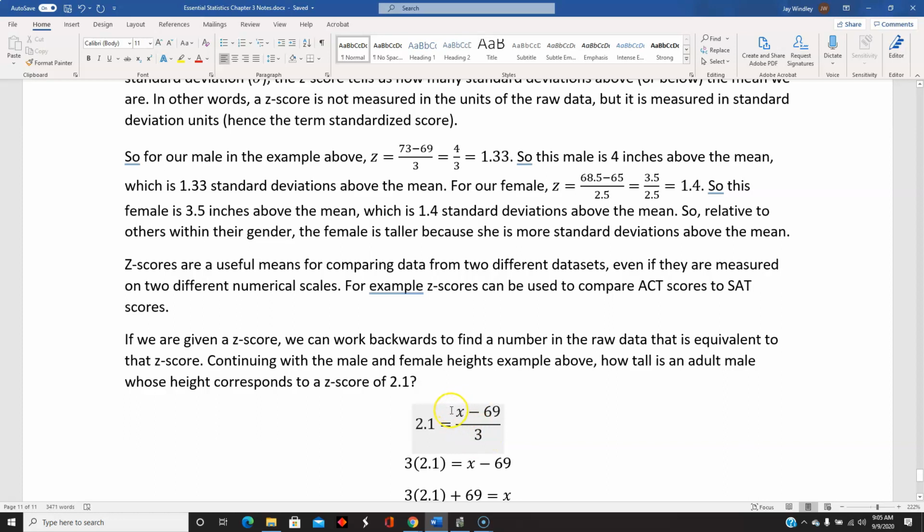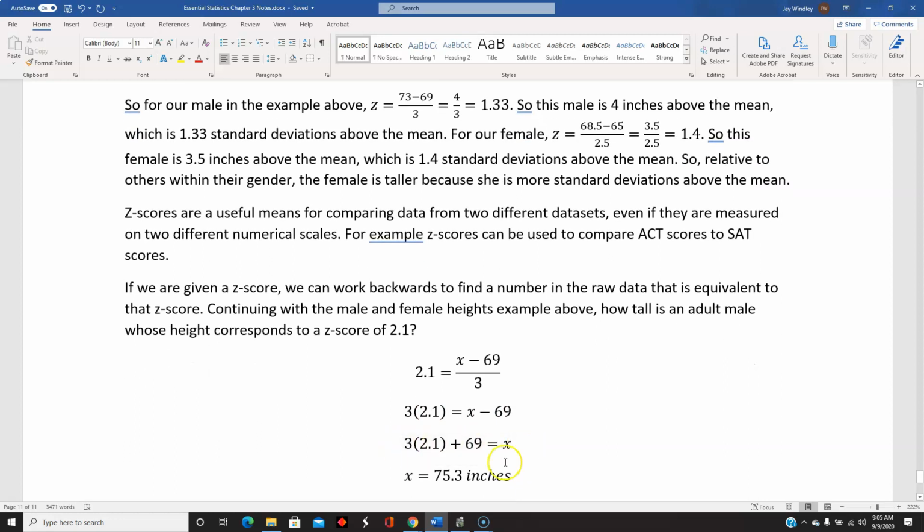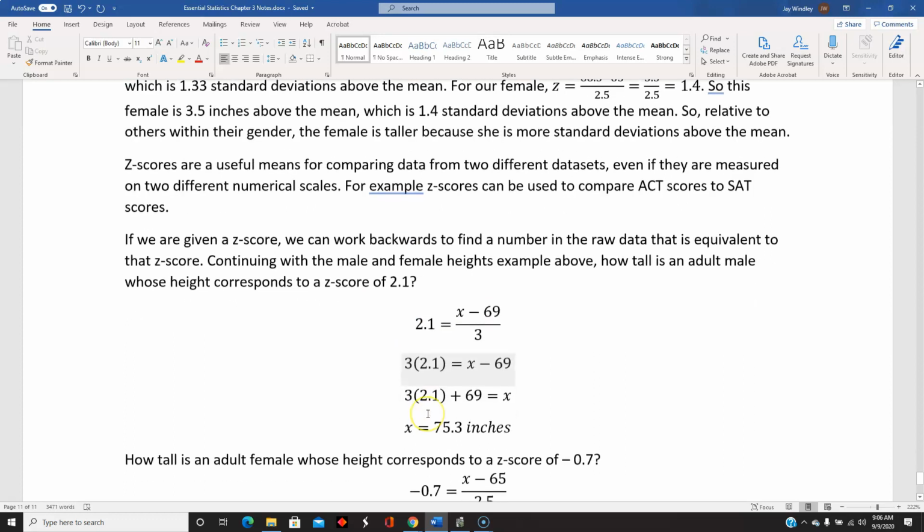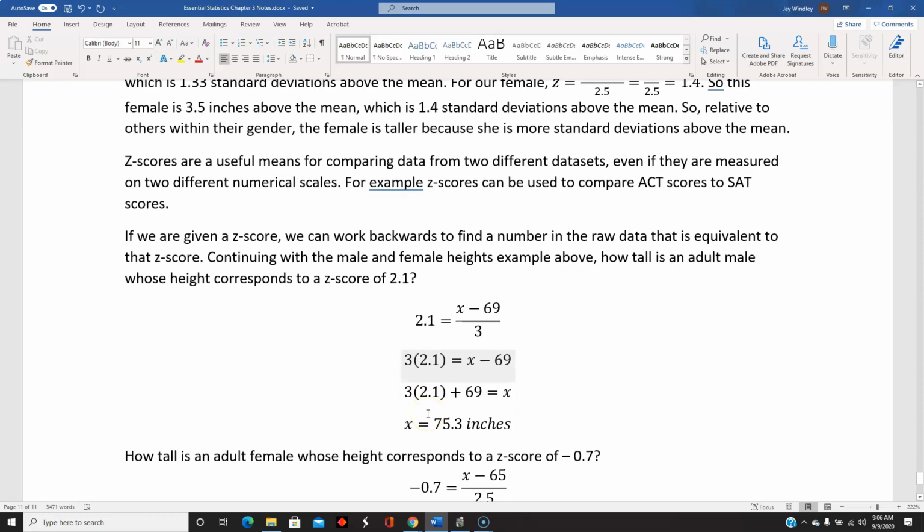I just don't know this particular male's height, which is x. So multiply both sides by 3, and you get this. Add 69 to both sides, and you get this. So a man's height is 75.3 inches if he has a z-score of 2.1. So that's a little bit of algebra that you have to do there.